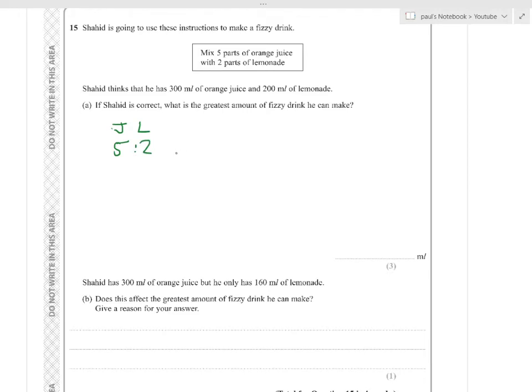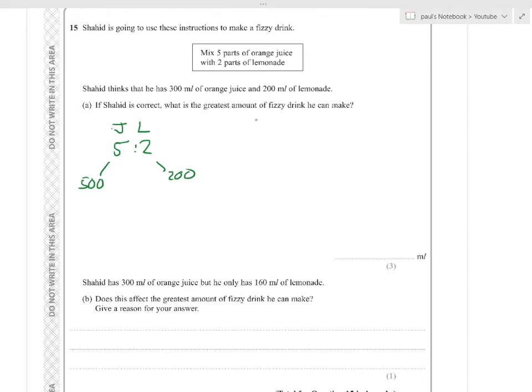So if he has 200 of lemonade, divide that by 2, which is 100, multiply that by 5, he should have 500 of orange, and he hasn't got that, so he can't make that.